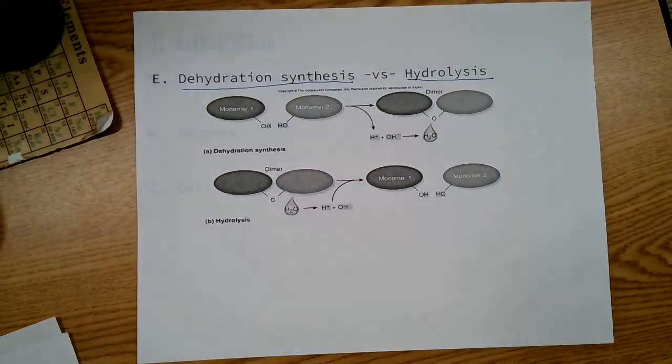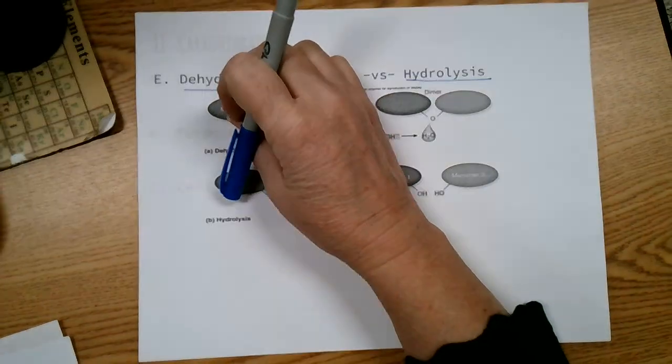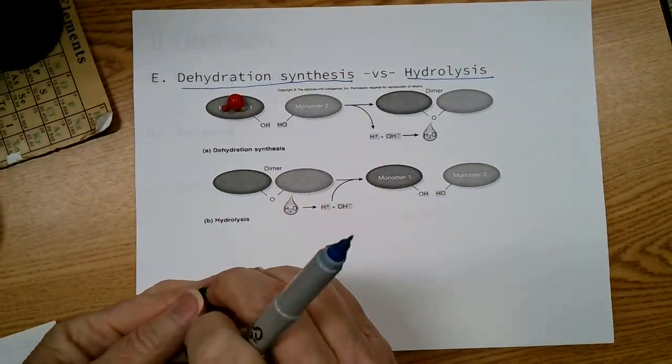Here's dehydration synthesis, and I'm going to pull out my beads again and show you. Say I had 2 monomers, let me get 2 of these beads. Oh, these beads are being tough pulling apart for me. Say here's my first monomer, and here's my second monomer.